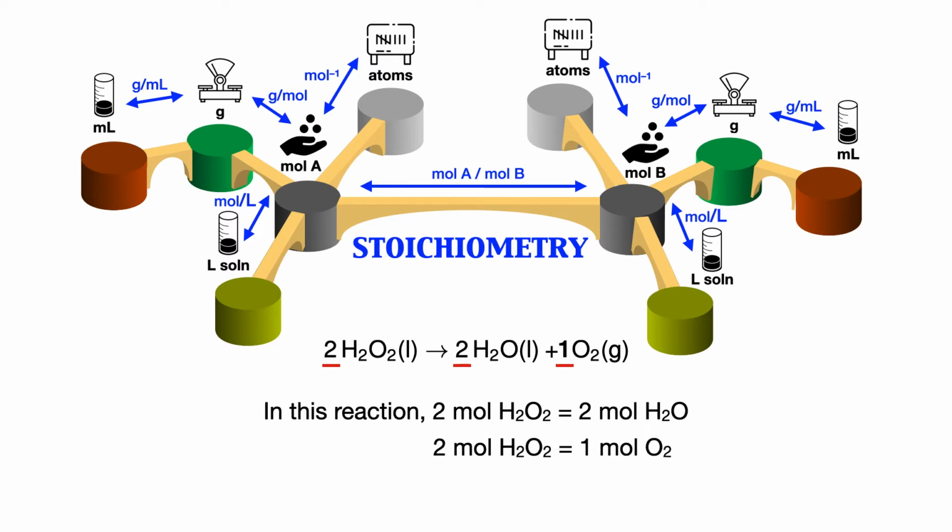It's also true that 2 moles of hydrogen peroxide will produce 1 mole of oxygen gas. And for every 2 moles of water that are produced, 1 mole of oxygen gas is produced. And so you have these stoichiometric relationships between the substances in a chemical reaction.